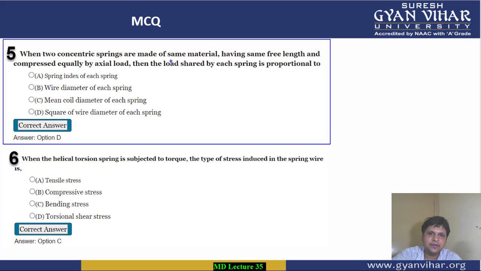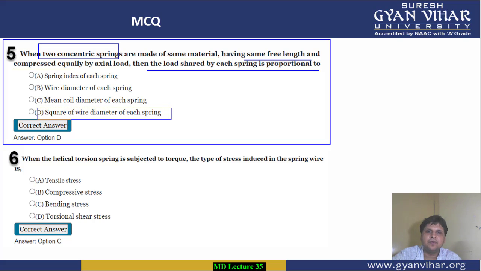If the material is the same, free length is the same, and compressed length is also the same for the two concentric springs, then the load shared by each spring, I will tell you in detail in the coming lecture also, is proportional to the square of the wire diameter of each spring. Load proportional to spring index is not the correct answer. Wire diameter proportional, no. Mean diameter proportional, this is also no. So option D is the correct option.